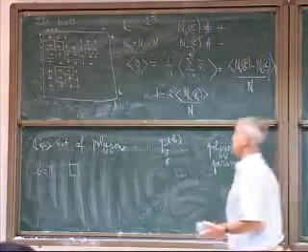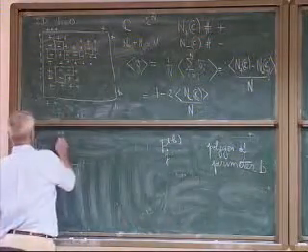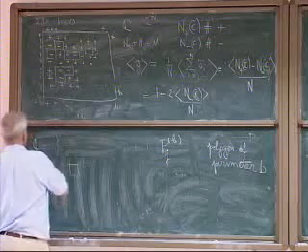So configuration C is given by a set of polygons.